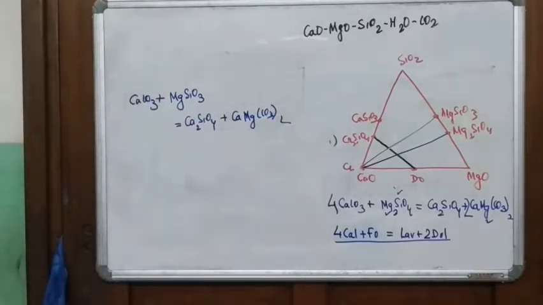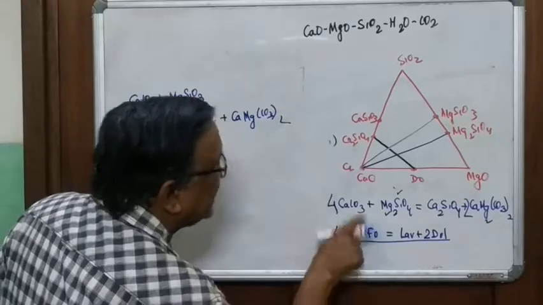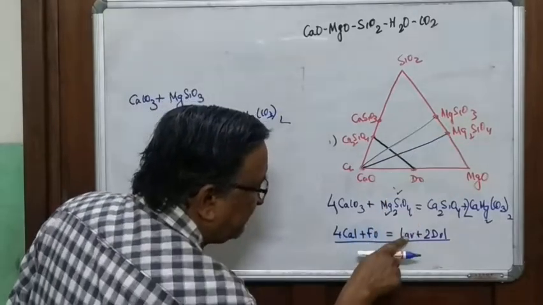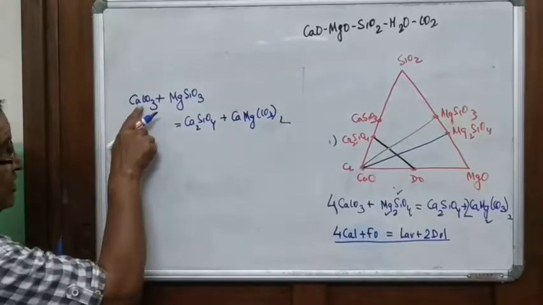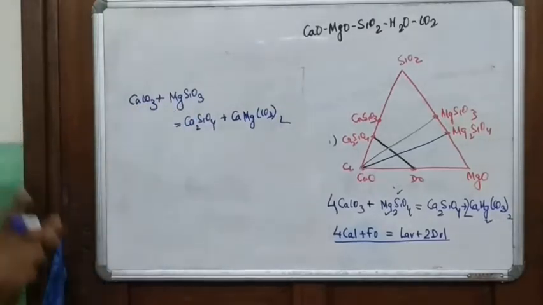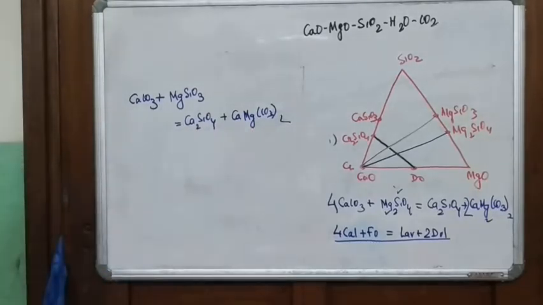That's how the reaction will be. You see, this was calcite plus forsterite giving you larnite plus dolomite. You can also have a reaction calcite plus enstatite, and that should give you larnite plus dolomite.